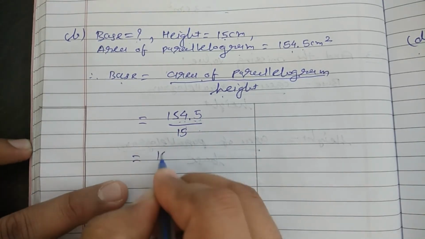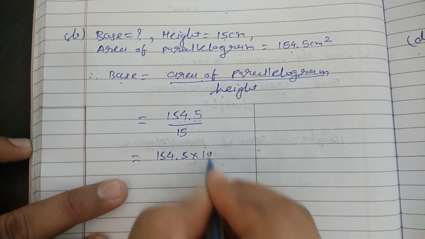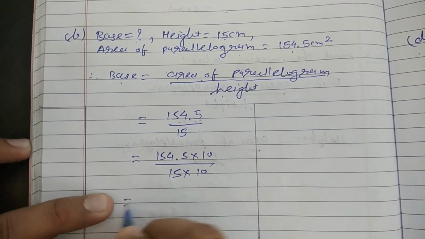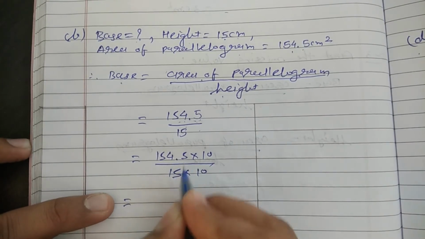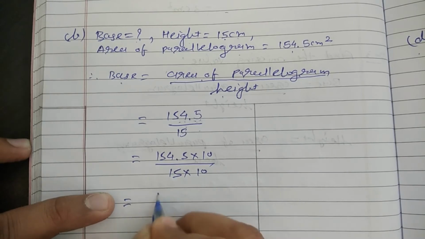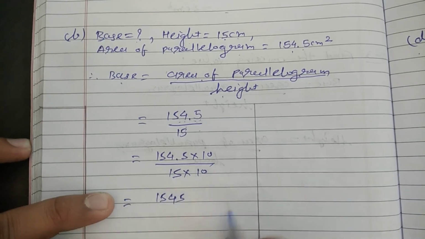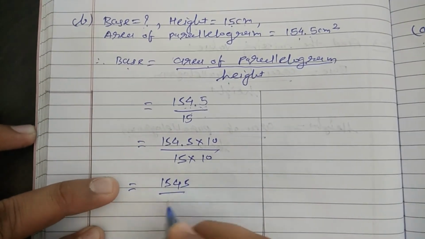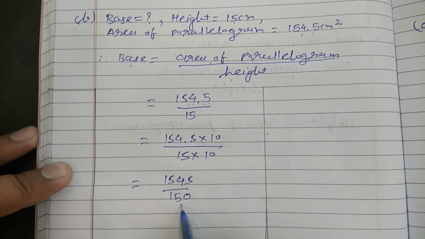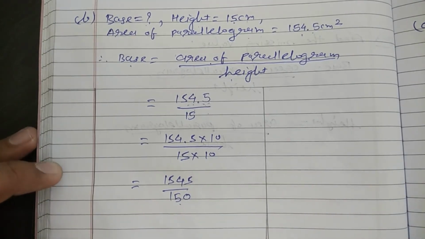So that is equal to 154.5 multiplied by 10 divided by 15 multiplied by 10. Our 154.5 multiplied by 10 becomes a whole number, that is 1545, divided by 15 multiplied by 10, that is 150.